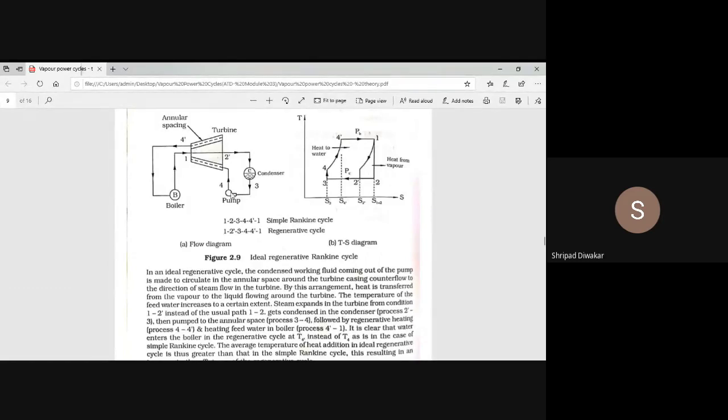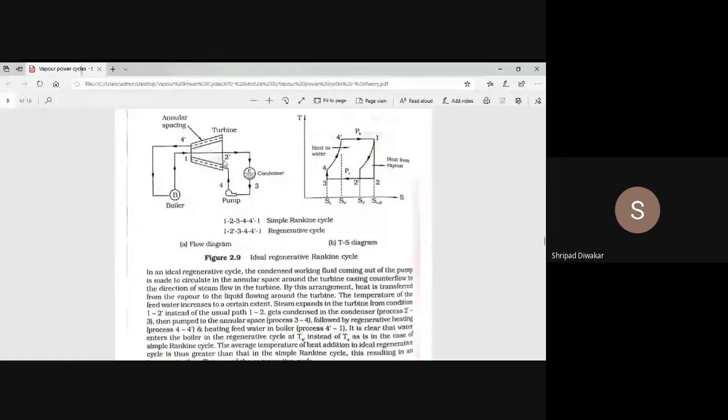That water then enters into the annular spacing. Instead of passing through the boiler directly, first it enters into the turbine casing. Here is water, and inside it is steam. So this water exchanges heat with the steam, thereby increasing the temperature of the water.